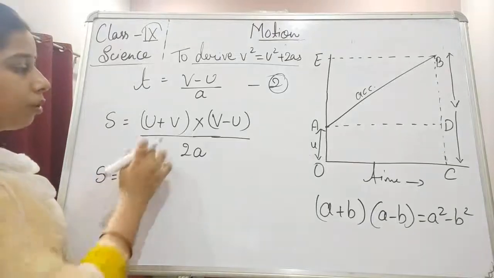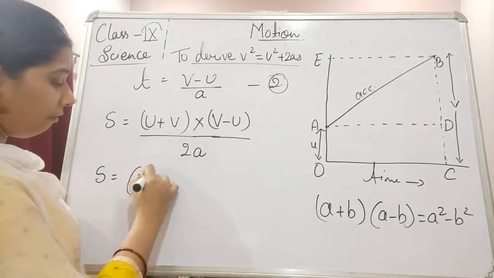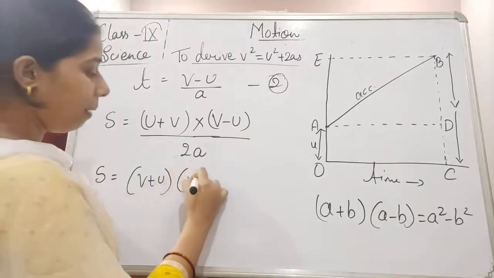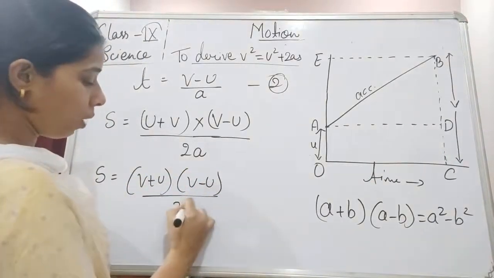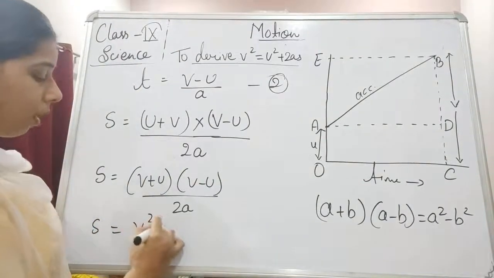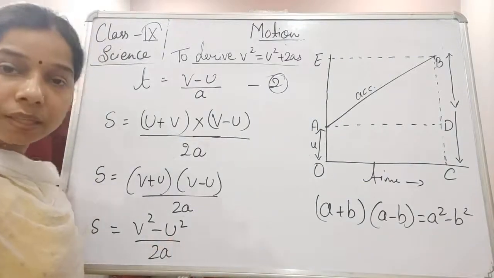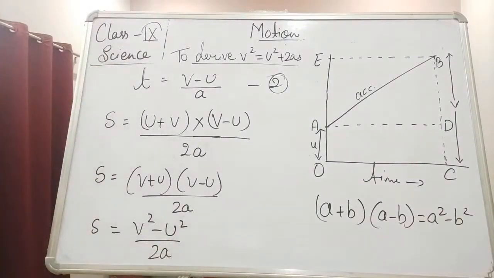S is equal to u plus v, we can also write it as v plus u into v minus u upon 2a, or S is equal to v square minus u square upon 2a. Right? You can see how I am doing that.